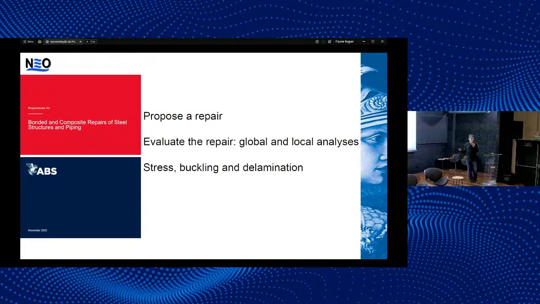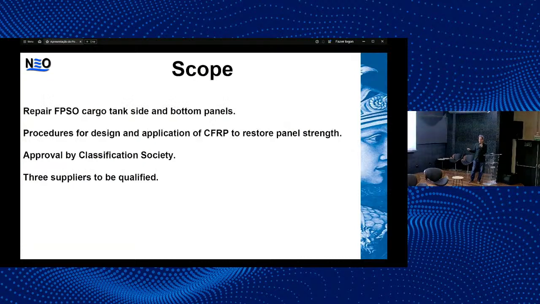So we are working together with Petrobras and ABS to develop a repair methodology for this kind of structures. So we are studying several aspects of the mechanics of the repair, especially concerning the interaction of the composite and the steel.